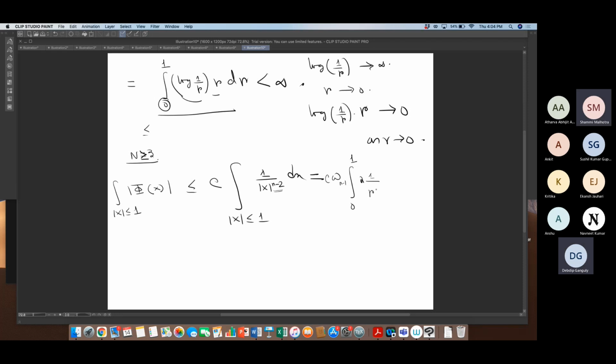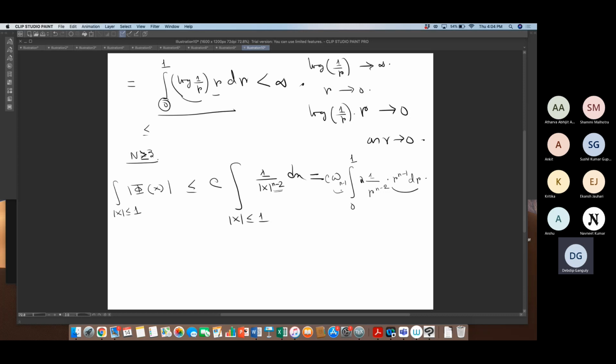And then, because we are converting, the r to the power n minus 1 will cancel out. Is that clear? This comes, the r to the power n minus 1 dr d theta.